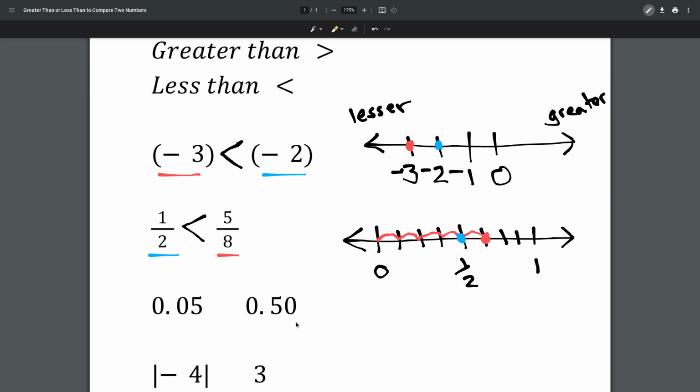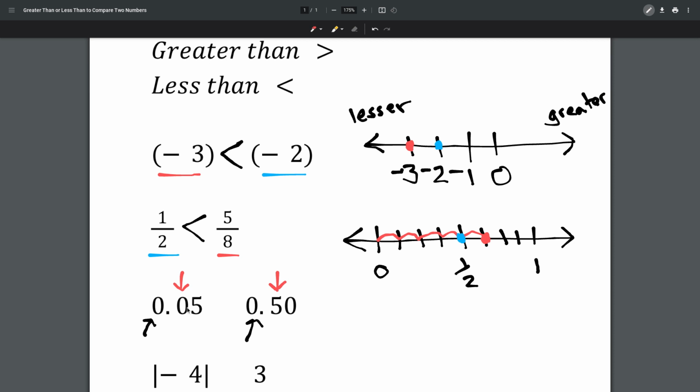Okay, when I think of decimals, sometimes I don't do them always via the number line. I'm just going to look at the places. So I start off looking at the singles place. That's both 0, so that's no different. So then let's move to the tenths place. Okay, so if we move to the tenths place here, this is a 0 here, but this is a 5. 5 is greater than 0.